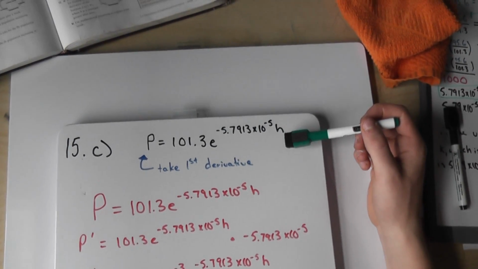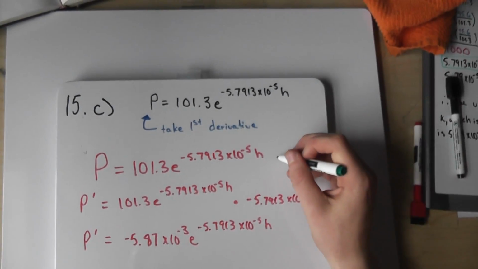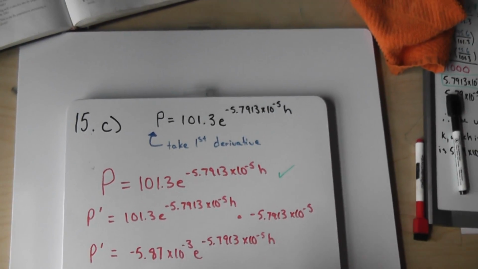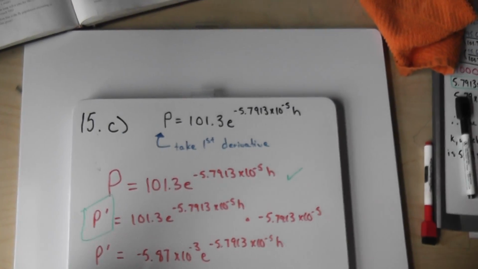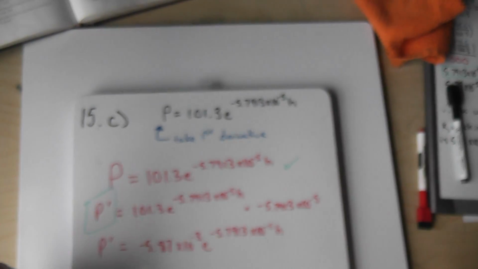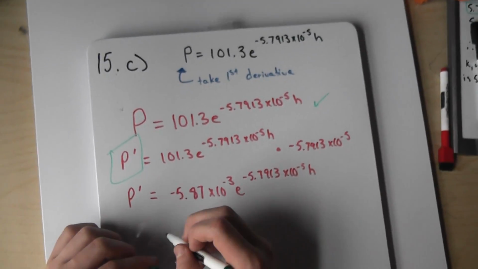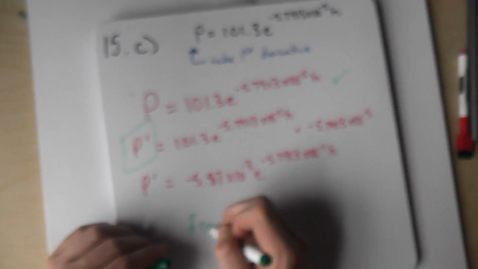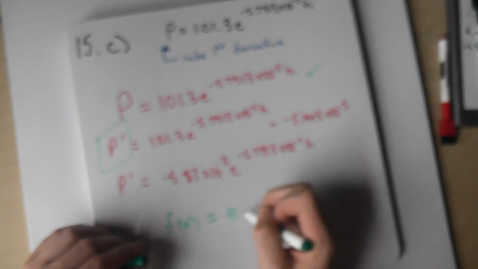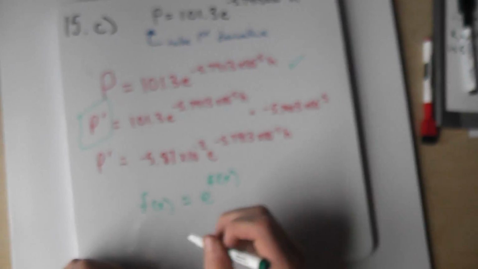So here we have our original equation, right here. It's asking us to take the derivative. Now, in order to take the derivative, we have to be aware that this is an exponential function. So this can be rewritten as e to f of x.